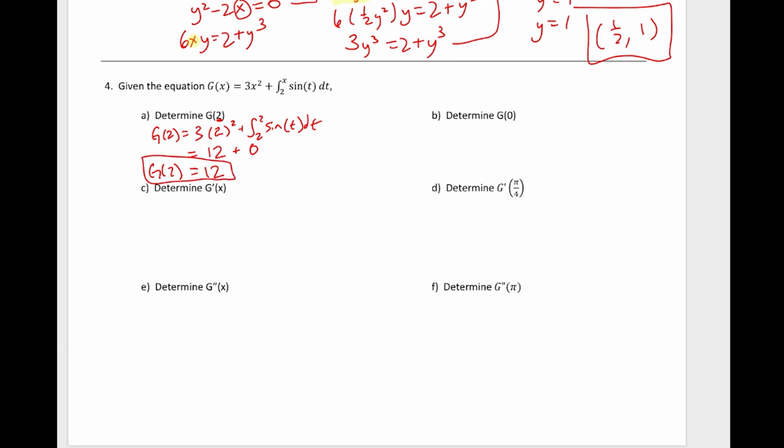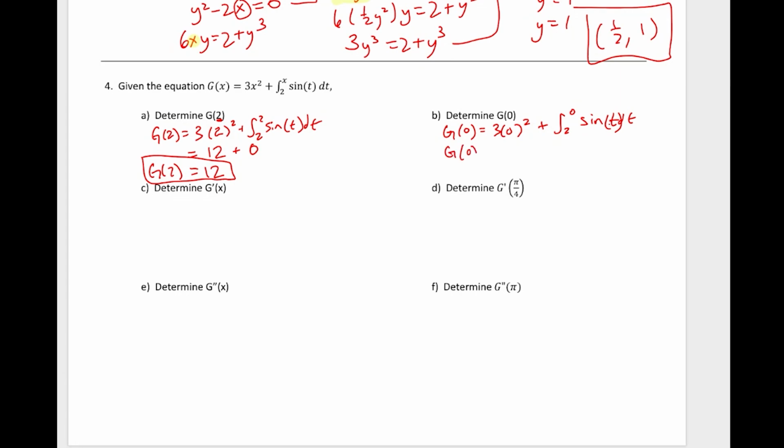Part B wants g of 0. So similar setup here. g of 0 is going to be 3 times 0 squared plus the integral from 2 to 0 of sine t. And so now we need to write down the antiderivative of sine. Now the derivative of cosine is negative sine, so the antiderivative of sine is going to be negative cosine.